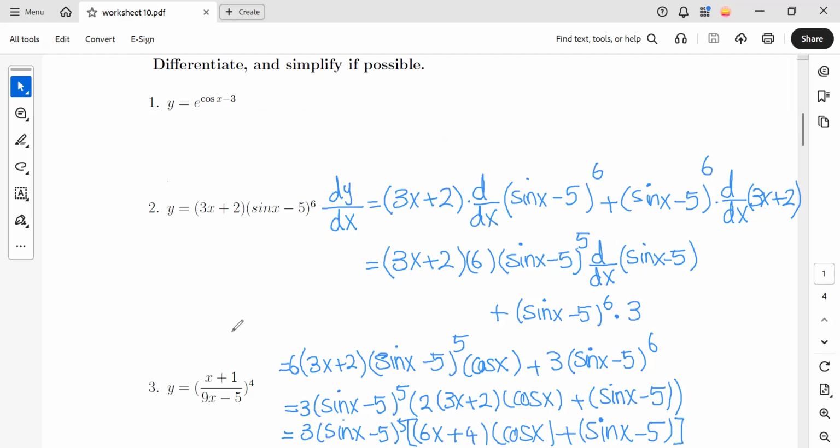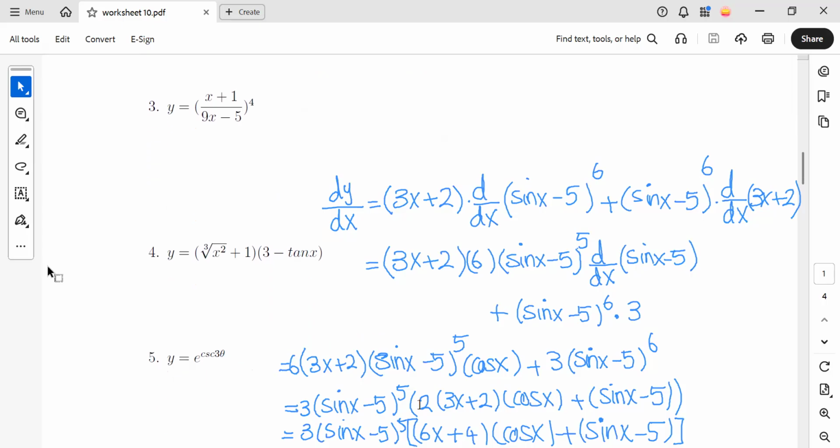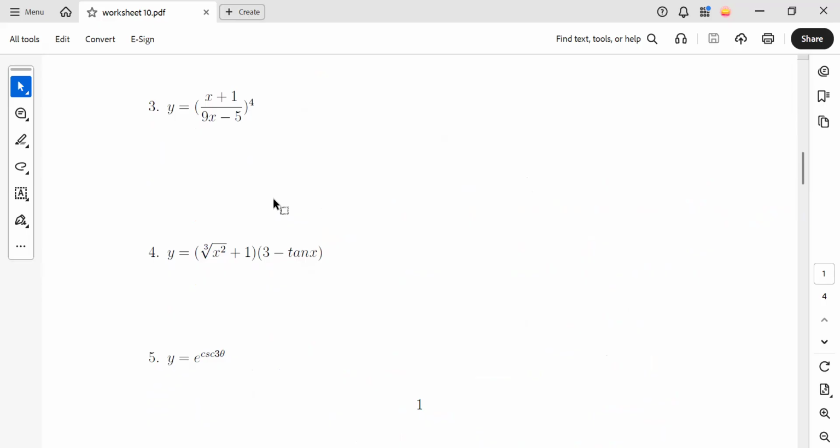Let's move on to number 3. Number 3, the overall function is a power function, which is to the power 4. So we would start with a power function.